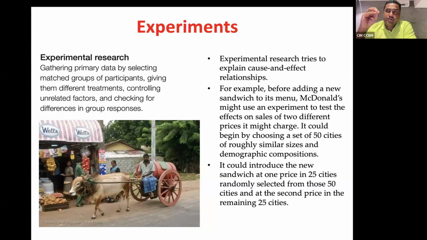Before they launched, they selected two cities, Kandy and Negombo, and gave Walls ice cream to some shops. For about 2 months, they did a small experiment, a test market.